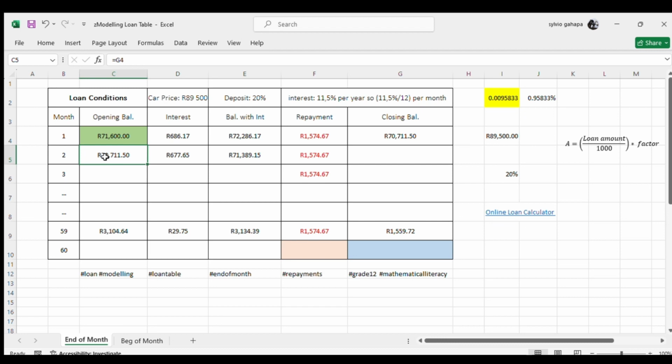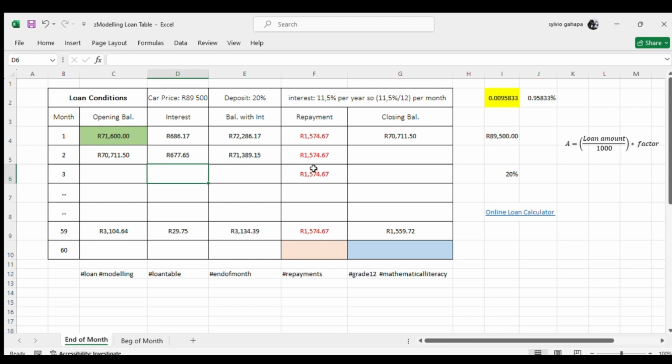And I have repeated the same scenario, right? As you can see here, if you click here, my interest for month number 2 will be C5, which stands for that column, opening balance in month number 2, multiplied by I2, which stands for my monthly interest rate, and it gives me that amount.